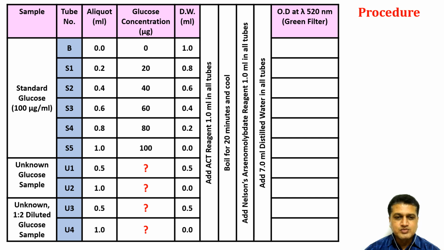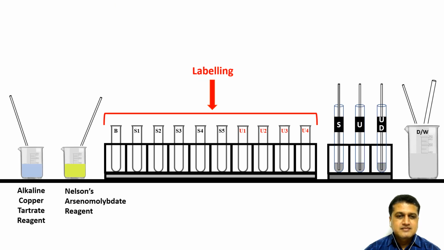Next 4 tubes are labeled as U1 to U4 in which unknown glucose samples will be added. Arrange labeled 10 test tubes in a row from B to U4 in a test tube rack.